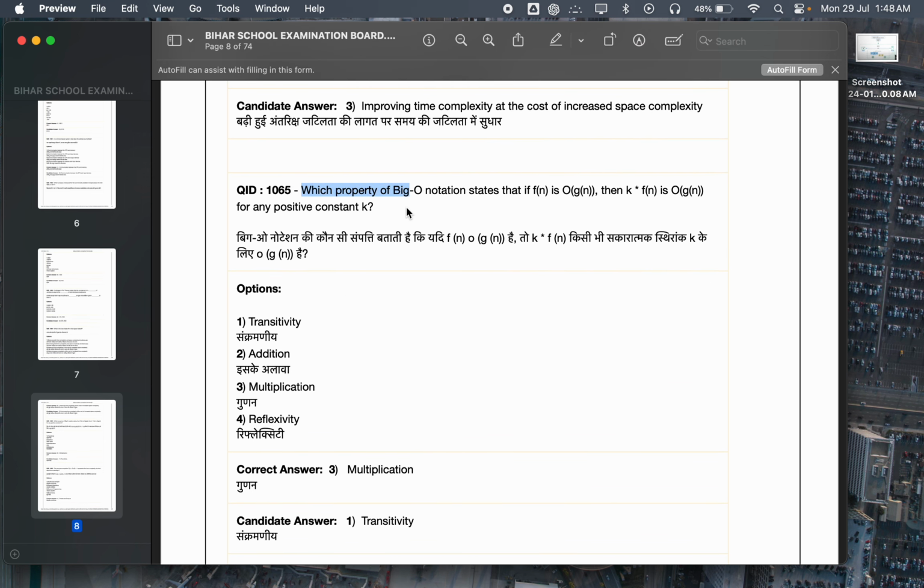Which property of big O notation states that if f(n) is big O of g(n), then k times f(n) is big O of g(n) for any positive constant k? Let's ask ChatGPT because I am also not sure what it means.